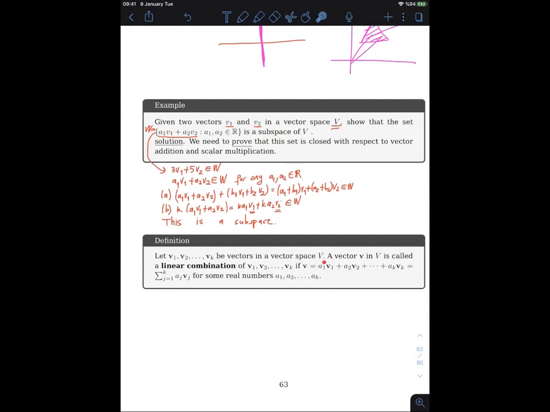Now, again, we take some vector space, okay? We don't specify which one it is. It's an arbitrary vector space, and we take k vectors in it.